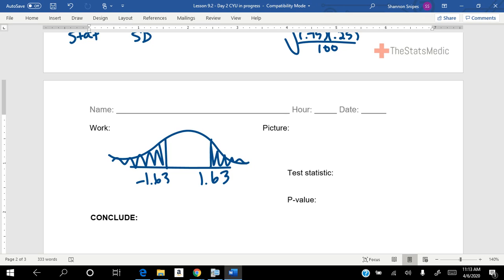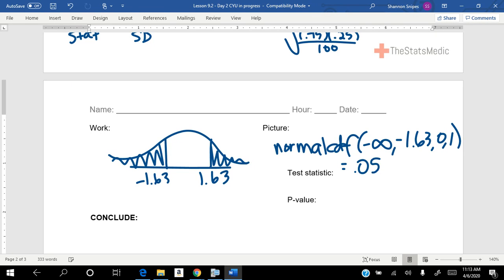So anytime you're doing a p-value for a two-sided test statistic, when you put your normal CDF, negative infinity to negative 1.6301, you're going to get 0.0516.